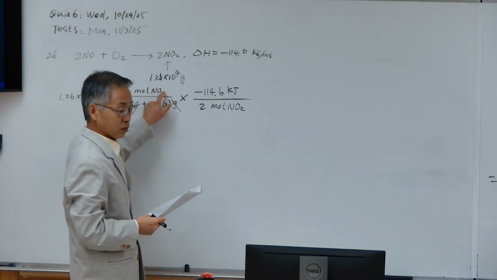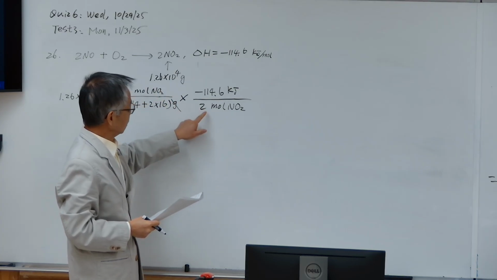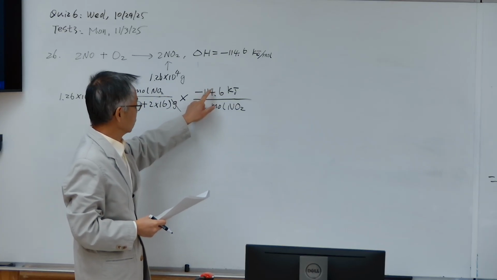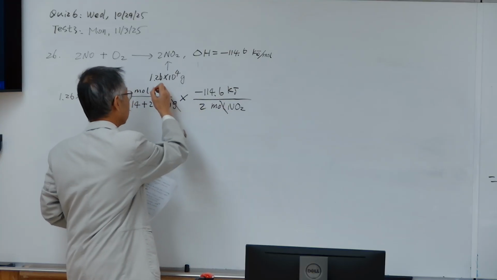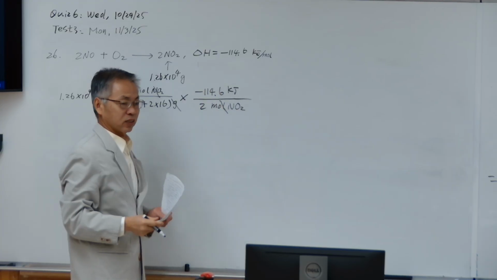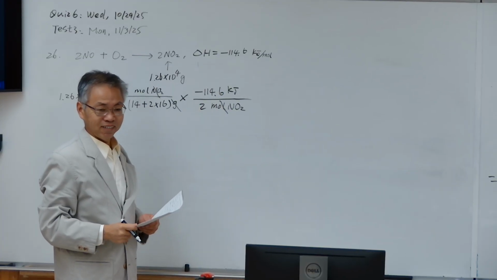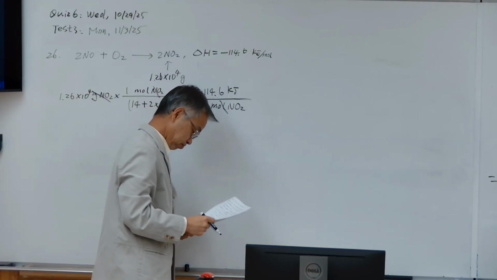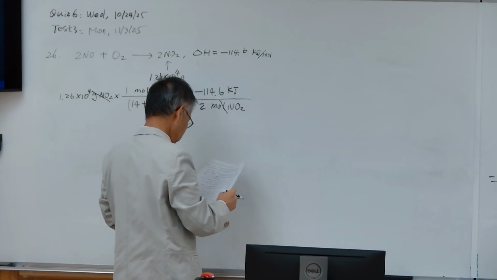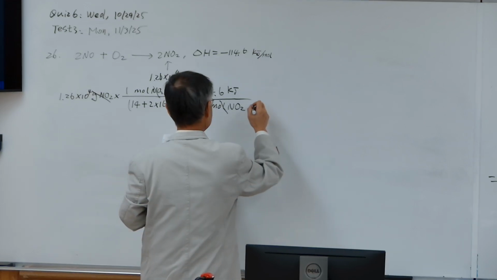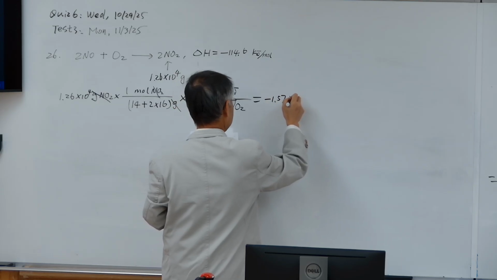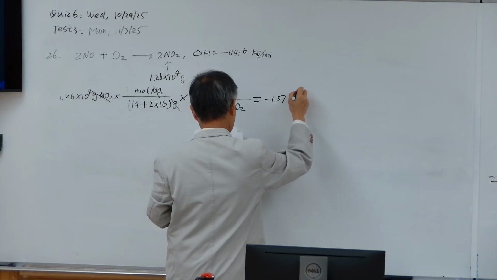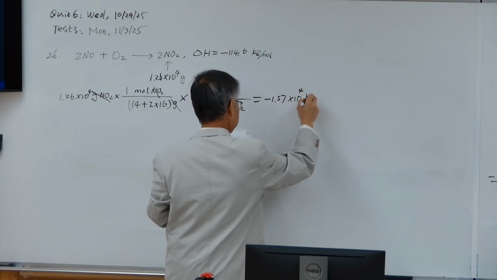Because here is moles of NO2, and here every 2 moles of NO2 produce this amount of heat. So moles of NO2 can be cancelled, leaving how much heat is released. Use your calculator, you can easily get this. This will be negative 1.57 times 10 to the fourth power kilojoules.